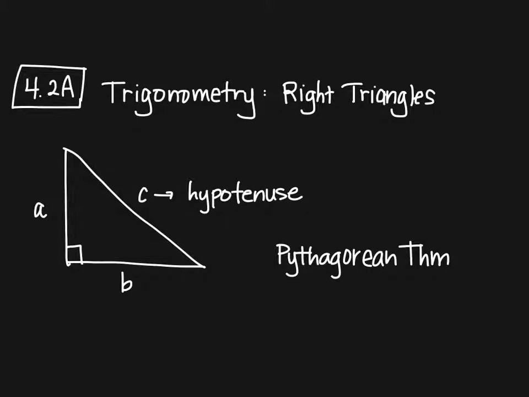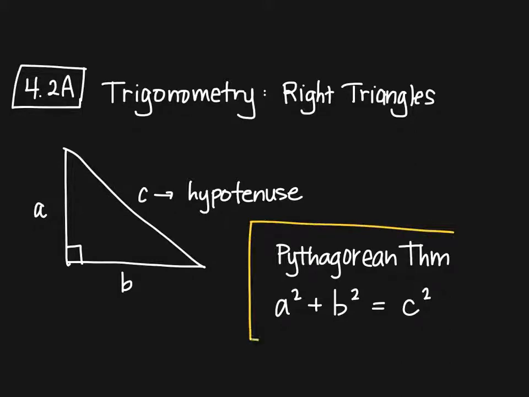A squared plus B squared equals C squared. That's the relationship between the three sides of any right triangle, where C is the longest. C has to be the longest.